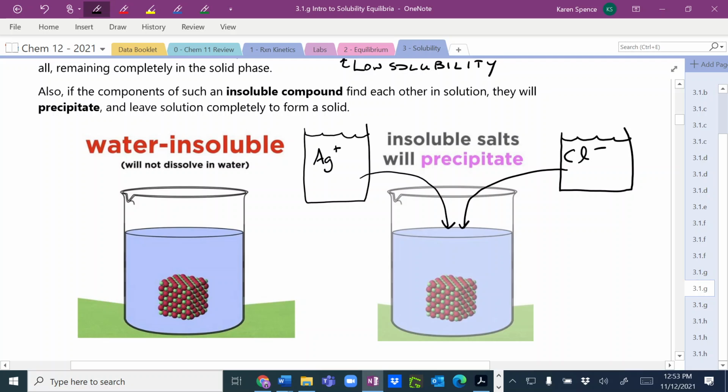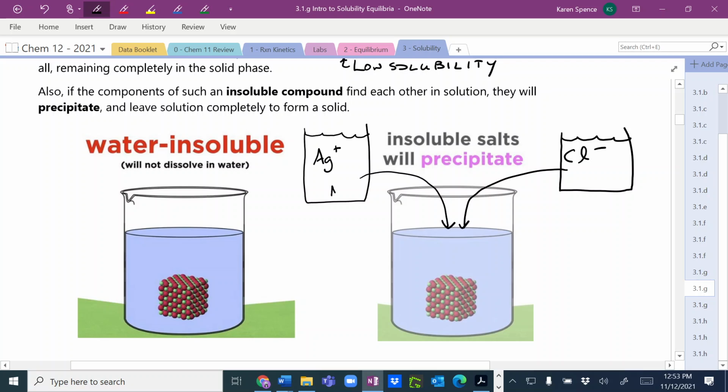Could I get a solution with just silver ions in it? No, they would have to come with a partner. What would be a good partner for silver to make a solution including silver ions? Pardon me?